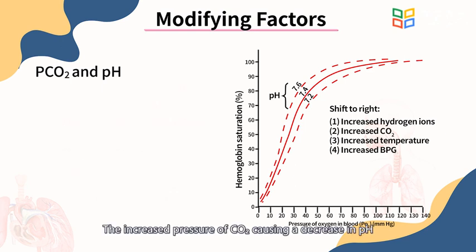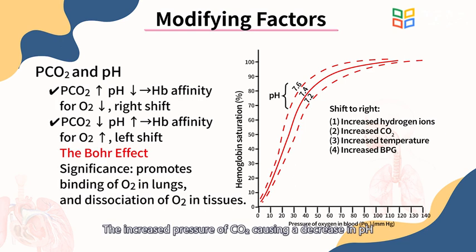The increased pressure of CO2 causing a decrease in pH will suppress the bonding ability of O2 to hemoglobin, leading to more free O2 and lower O2 saturation. So the oxygen dissociation curve will shift to the right.